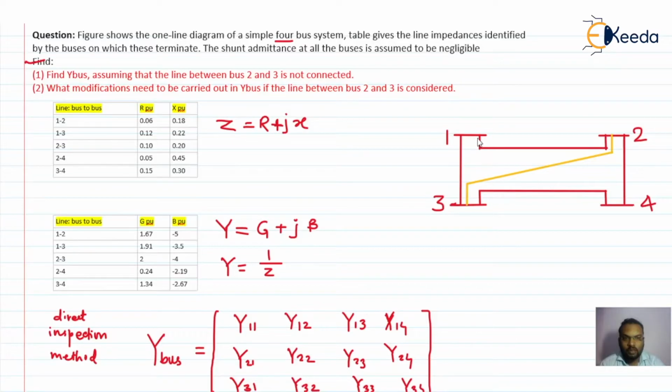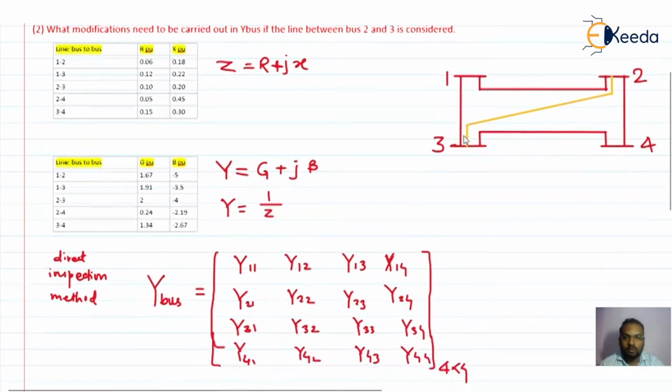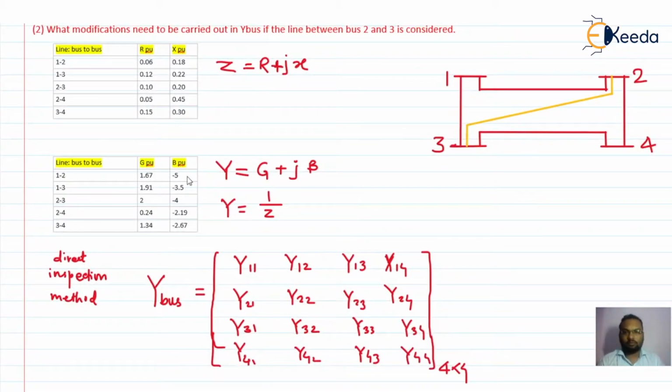I can see here the admittance of the line connected between bus 1 and 2, and the admittance of the element between 1 and 3 are connected to bus 1. So I need to add these two admittances. Okay, so I'm adding here.